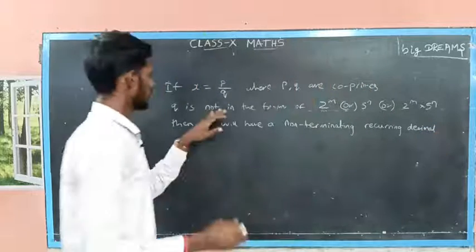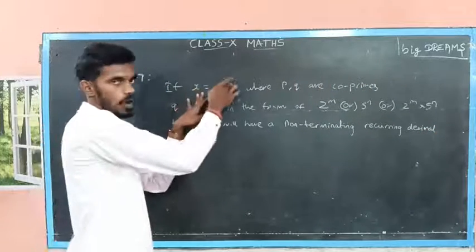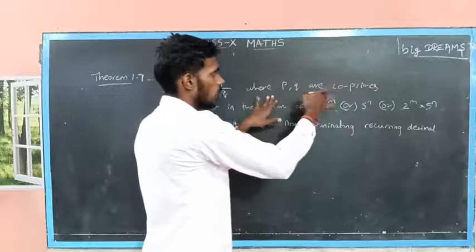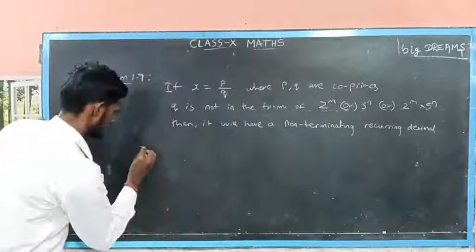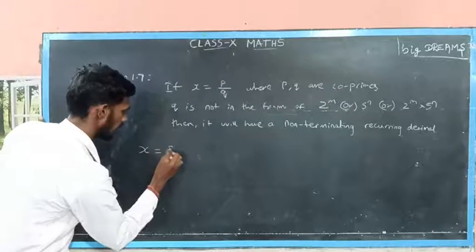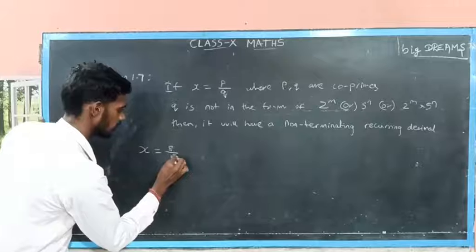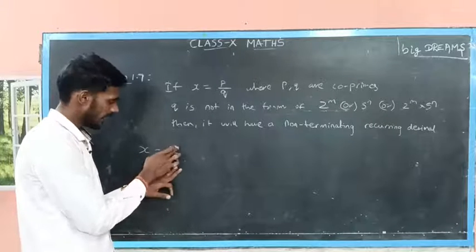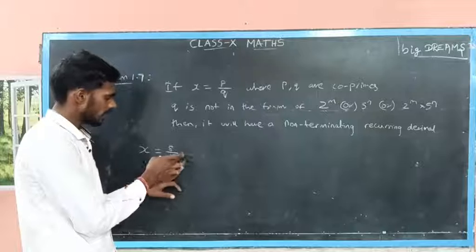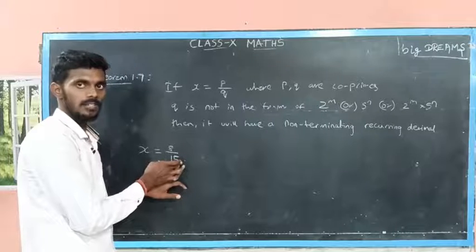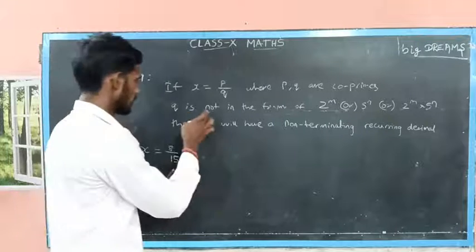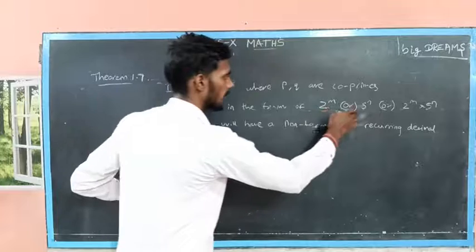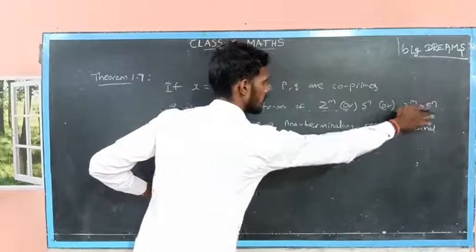Okay. So it is given that x is represented in the form p by q where p and q are co-primes. For example, let me take the value 8 by 15. Here x is represented in the form p by q where 8 and 15 are co-primes, which means that they do not have any common factors other than 1. Then q is not in the form of 2 power m or 5 power n or 2 power m into 5 power n.